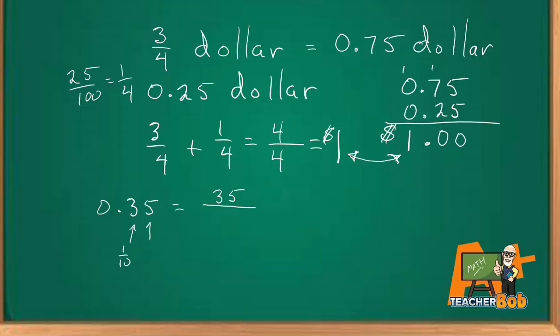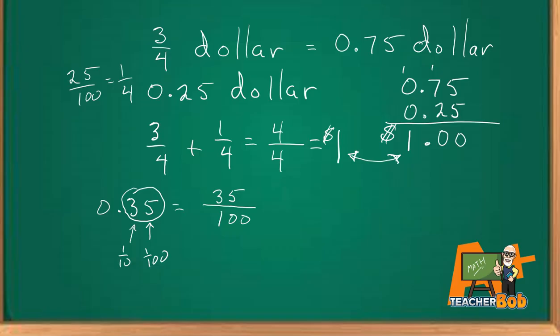The 5 is in the 100th place value. So we can express this verbally as 35 hundredths, or 35 out of 100. And we're simply saying the number out of the place value of the last number.